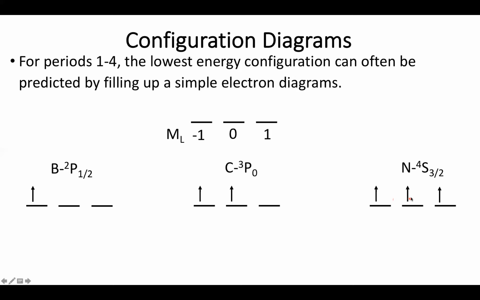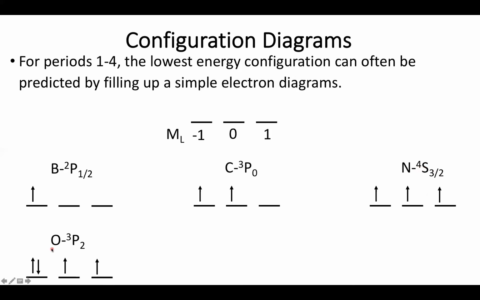And with 3 unpaired electrons, this gives me a quartet spin, or an S of 3 halves. And because when L equals 0, J has to equal S, I also have a J of 3 halves. So far, so good. Now we can keep on filling, except now adding an electron pointed down.